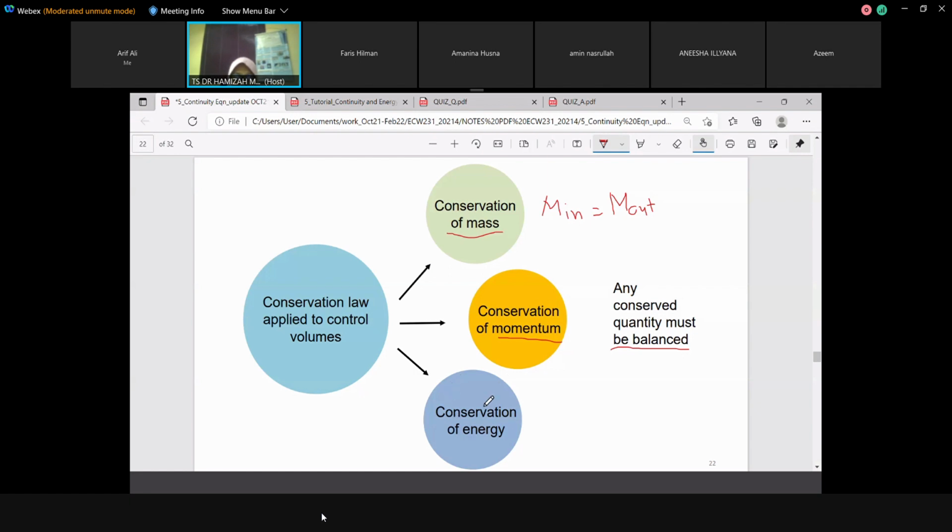Okay, and then we also have conservations of energy. Energy ni macam, if you still remember, energy tidak boleh dihasilkan dan tidak boleh dihapuskan. Dia hanya boleh ditukar kepada different types of energy. Okay, for example, sebelum ni you belajar on the energy yang melibatkan lampu contoh. Lampu dia menggunakan elektrik ataupun bateri.